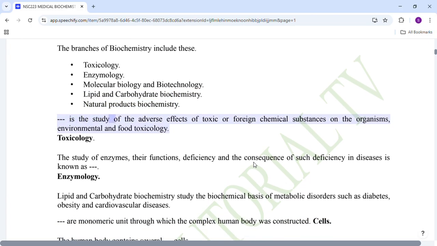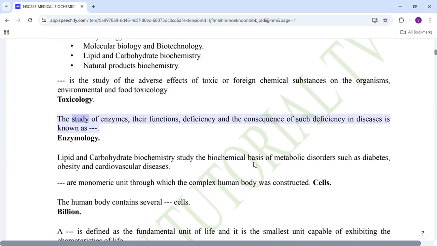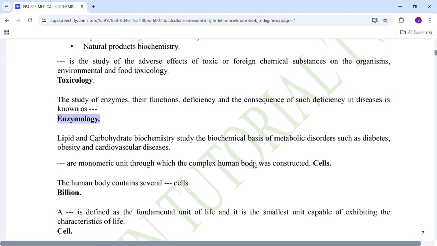Toxicology is the study of the adverse effects of toxic or foreign chemical substances on the organisms, environmental and food toxicology. The study of enzymes, their functions, deficiency, and the consequence of such deficiency in diseases is known as enzymology.